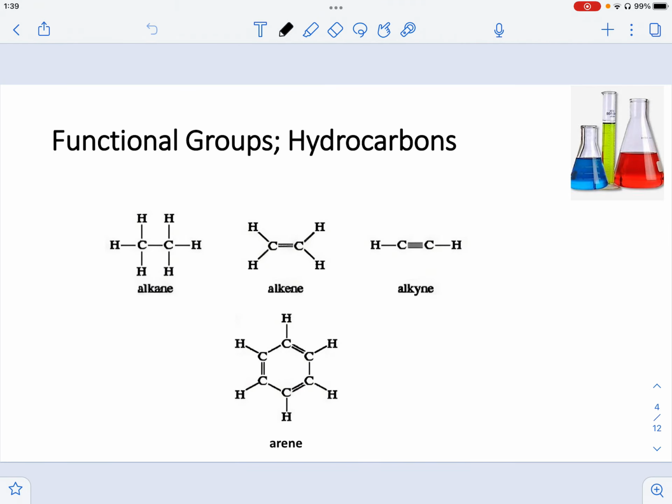The first functional group that we are going to learn is about hydrocarbons. Like the name implies, these compounds are going to be composed of carbon atoms and hydrogen atoms.